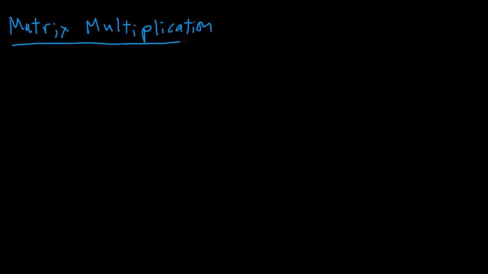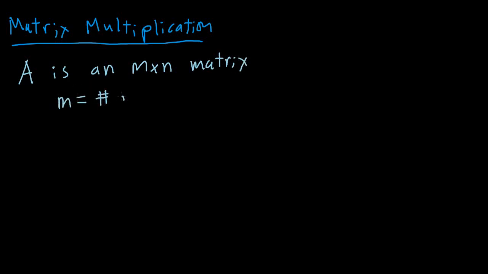All right, now I want to talk about matrix multiplication in general. And even if you know about matrix multiplication, I have a point to talking about this, so I might advise still to not stop watching. But okay, say that A is an m by n matrix. So as per convention, m is the number of rows and n is the number of columns.